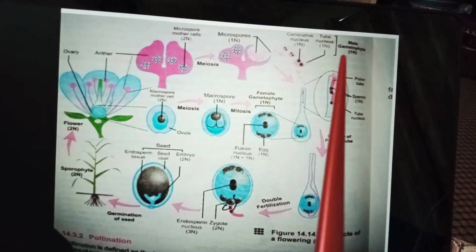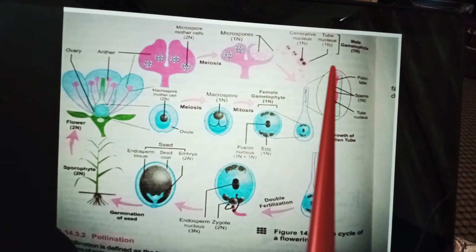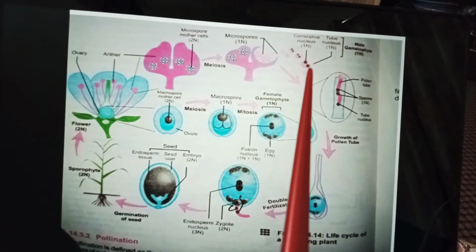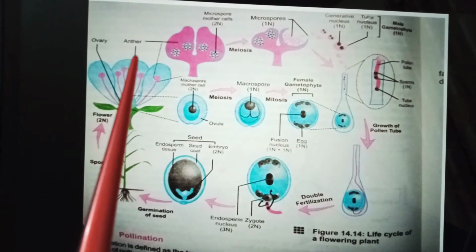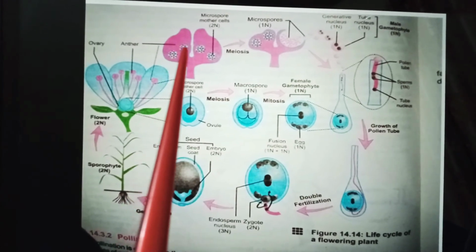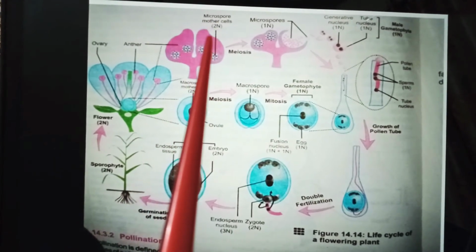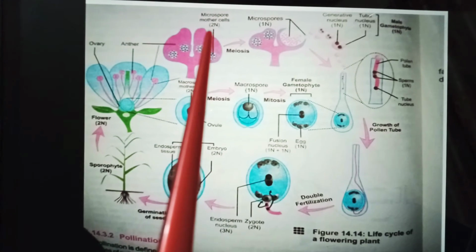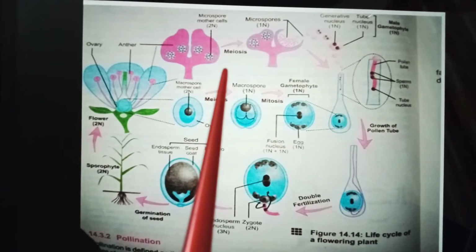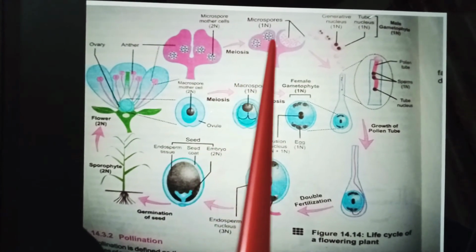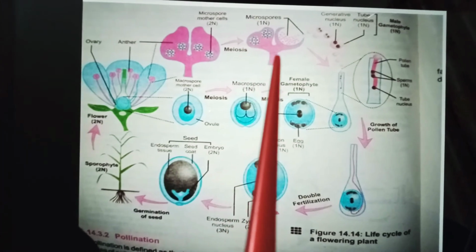The male gametophyte in this figure is the anther, which consists of microspore mother cells with 2N. Then there would be meiosis and microspores would be 1N.